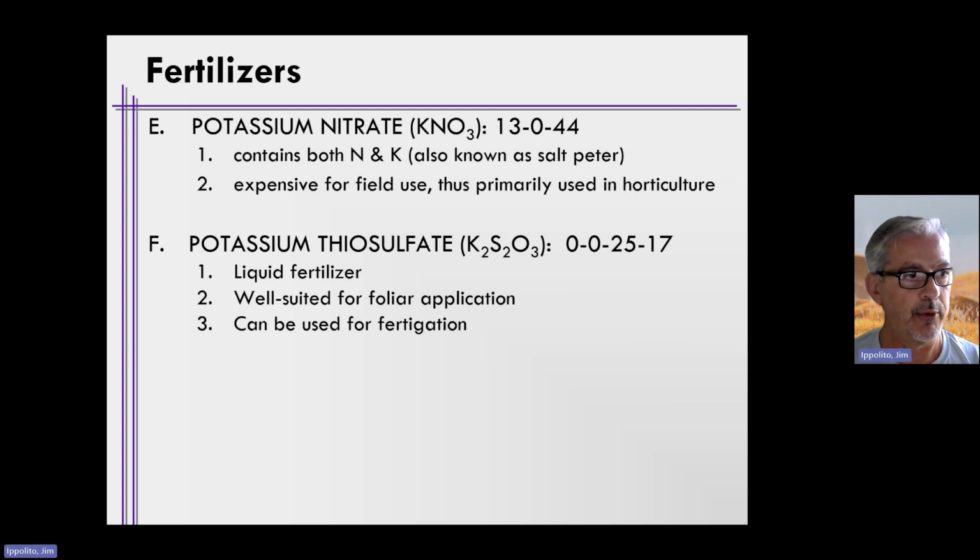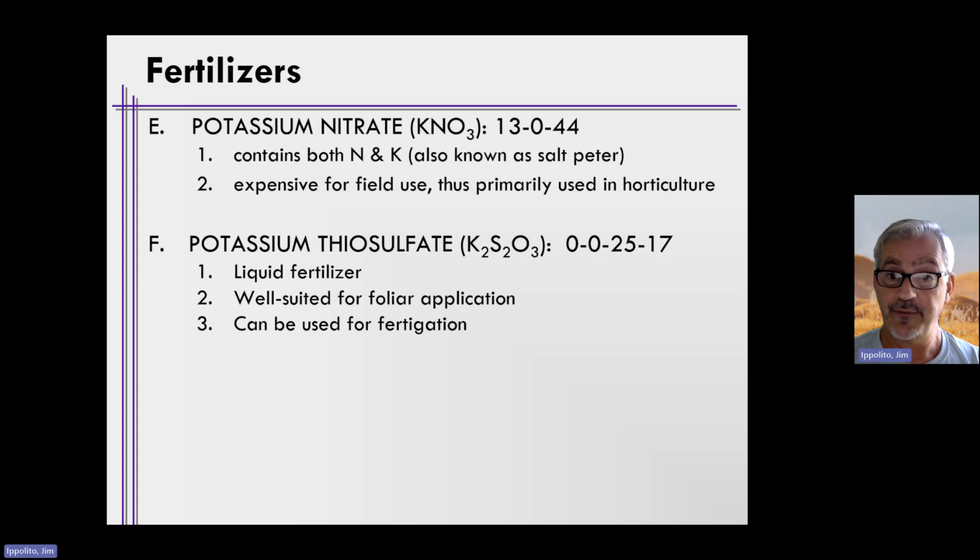There's 2 others that I want to point out. There's potassium nitrate, also known as saltpeter. This has a guarantee of 13-0-44. Why is it 13-0-44? Well, look at the chemical composition. It contains potassium, but it also contains some nitrate. So it contains 13% nitrogen and 44% K2O.